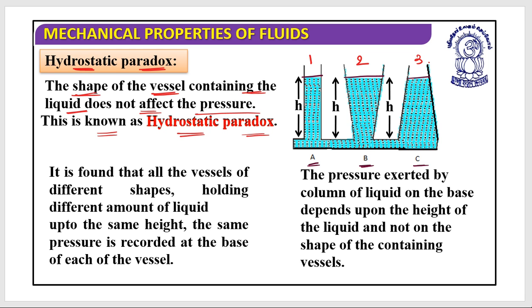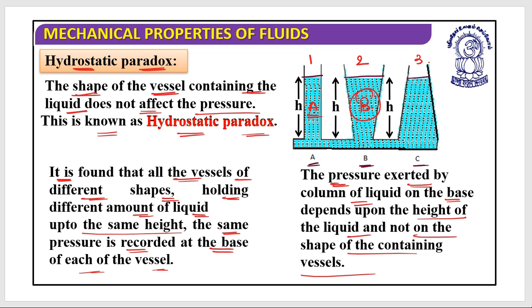As you can see from the geometry, the amount of liquid over section B is much higher than in section A, but it does not have any effect. So it is found that for vessels of different shapes holding different amounts of liquid up to the same height, the same pressure is recorded at the base of each vessel. The pressure exerted by a column of liquid on the base depends on the height of the liquid and not on the shape of the containing vessel.